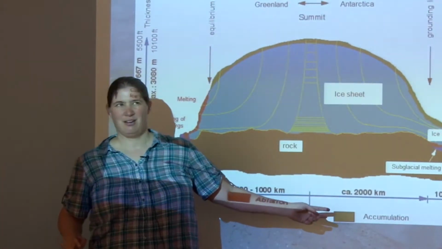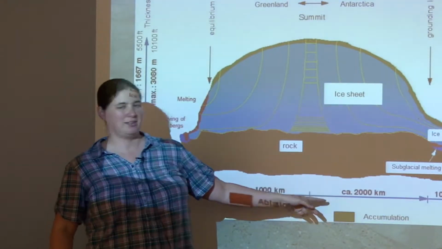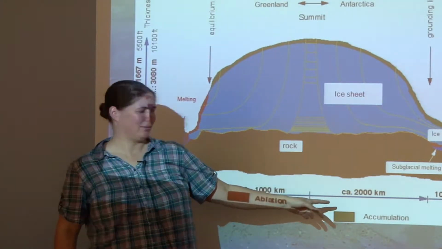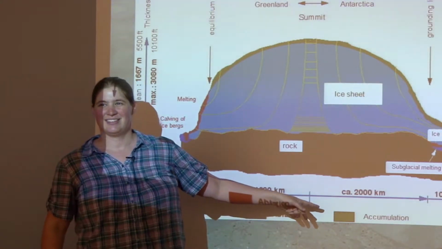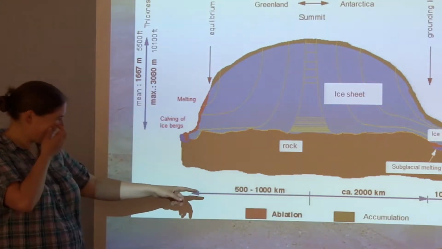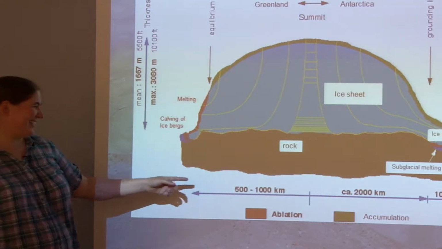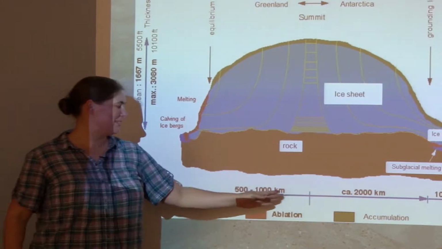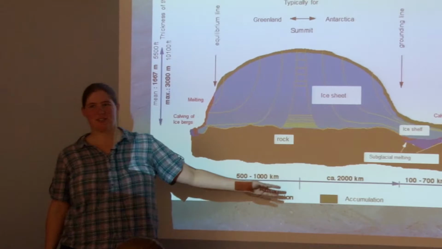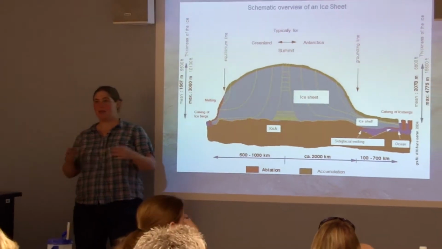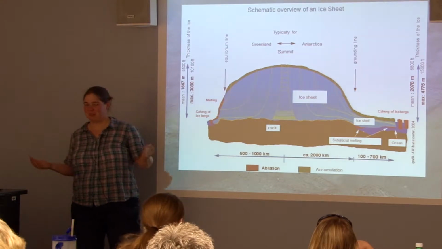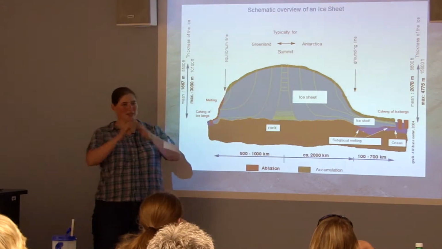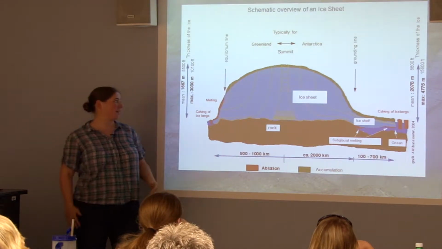So this will be 6,000 feet. Is that right? Sure. Yeah. And Greenland is about 500 to 1,000 kilometers in radius. Greenland is not a sphere, but east-west 500, north-south 1,000.